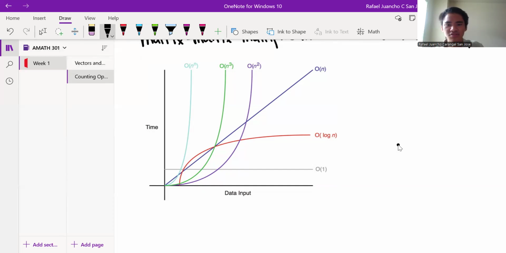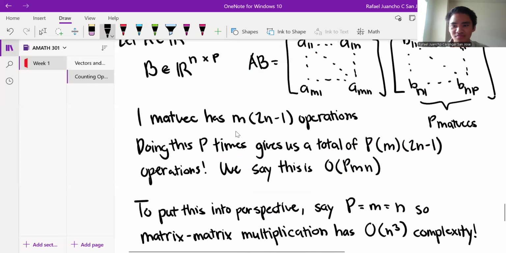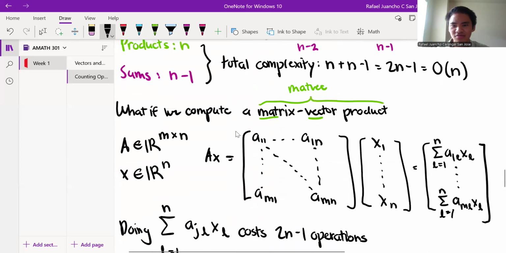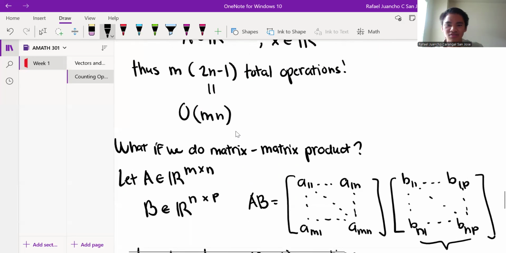Okay. So here we can see that O of n cubed, as it keeps on increasing, will definitely be greater than n squared. And if it becomes greater, then the time is worse, right? Another thing that I forgot to mention: say m is equal to n, then we have O of n squared.